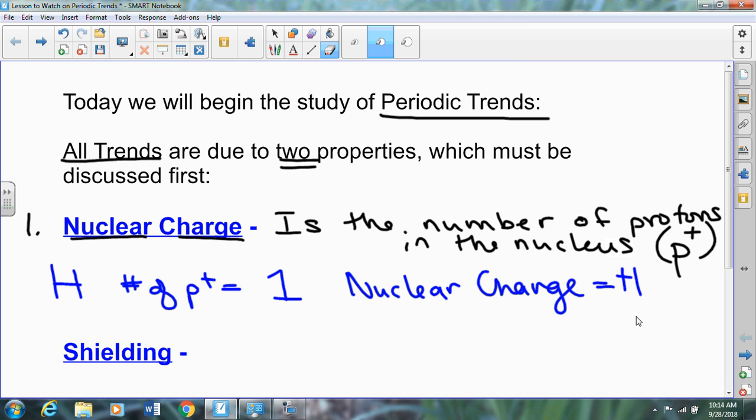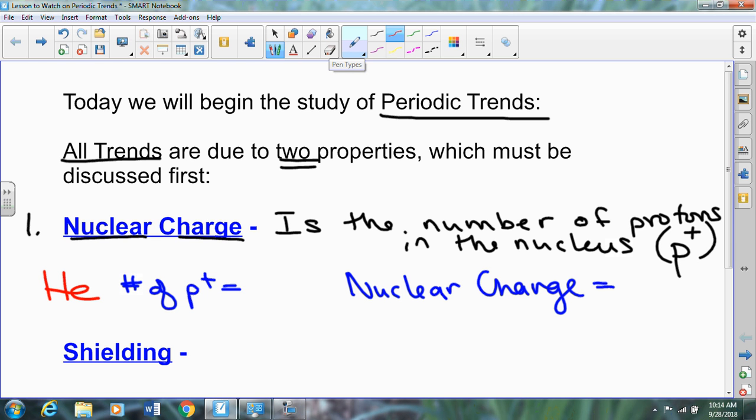If I gave you another example, we could pick the next element, helium. If we look at our periodic table, the number of protons that helium has is 2, and therefore the nuclear charge of helium is plus 2.